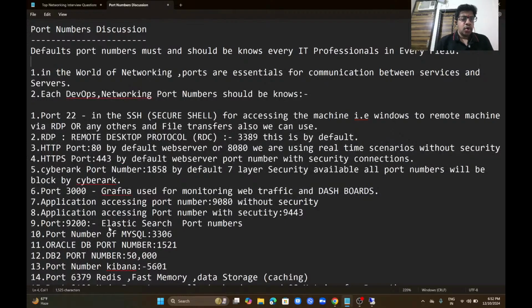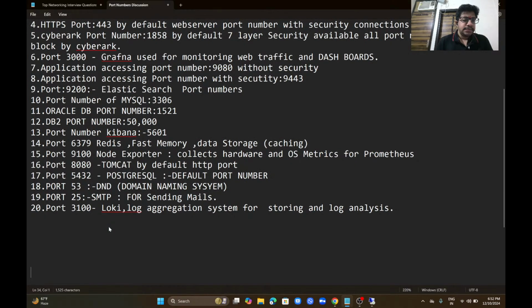They are the 20 port numbers available in each DevOps and networking, and port numbers should be known. Okay, the Elasticsearch 9200 port number. MySQL. Sorry, one more thing is pending: the SQL Server port number. SQL Server, 1433 is the port number.